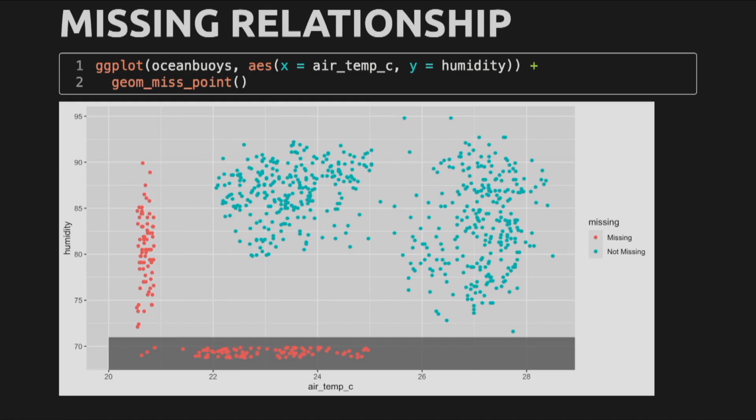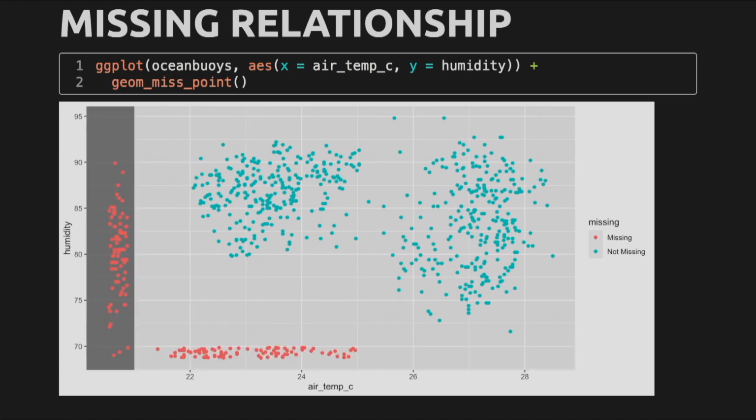We see that the distribution of these values here matches the first cluster on the left. And on the y-axis are the humidity values that have missing air temperature values. Interesting again here is that this cluster of values seems to match the second cluster on the right of the present values here. So what we learn from this is that missingness is aligned with these 2 clusters of air temperature and humidity.